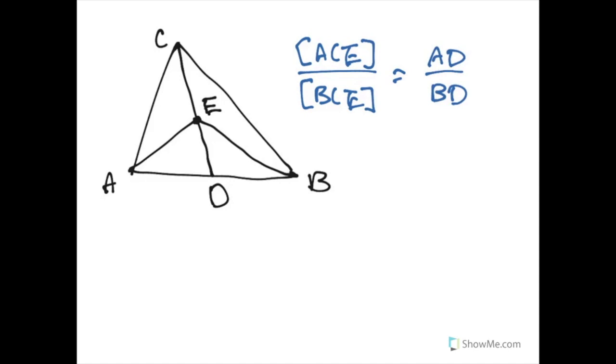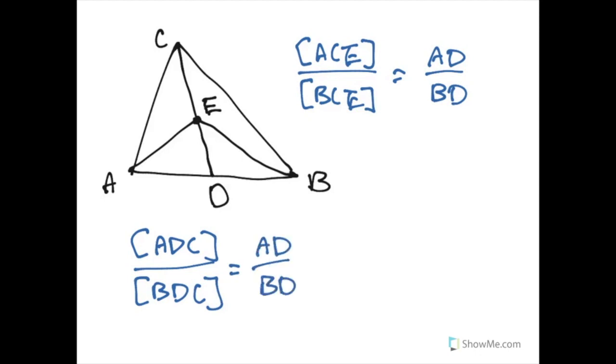And this is actually relatively simple, because we can note here that by the previous theorem, the area of triangle ADC divided by the area of triangle BDC is equal to the ratio AD over BD, because the triangle ADC being this one and the triangle BDC being this one, they share the same height, and so the ratio of the areas is the ratio of their respective bases.